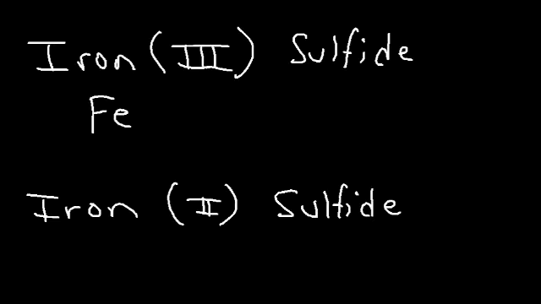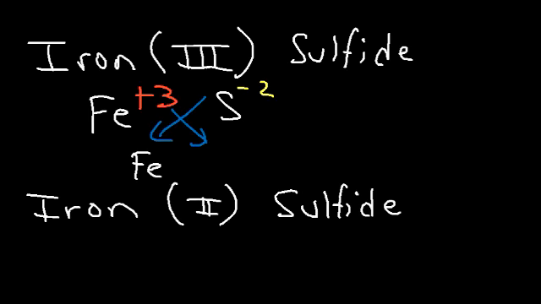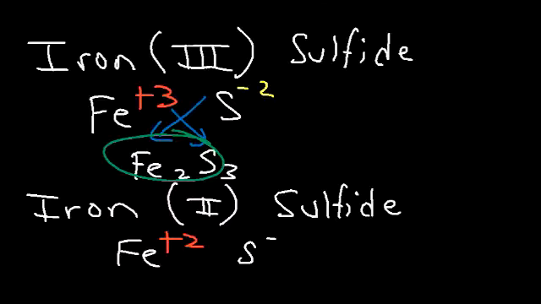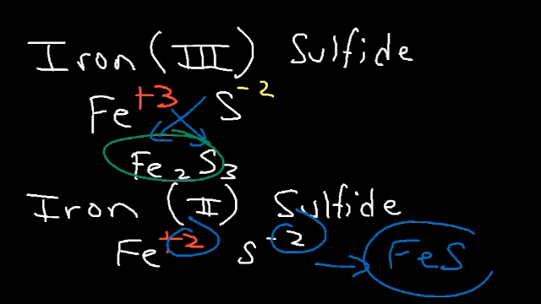So, in this compound, the iron atom has a charge of +3, and sulfide has a charge of -2. So, using this technique, it's going to be Fe2S3. Now, for the next one, iron has a charge of +2, and sulfur has a charge of -2. So because the charges are the same, we can simply write them together. And so it's just going to be FeS.